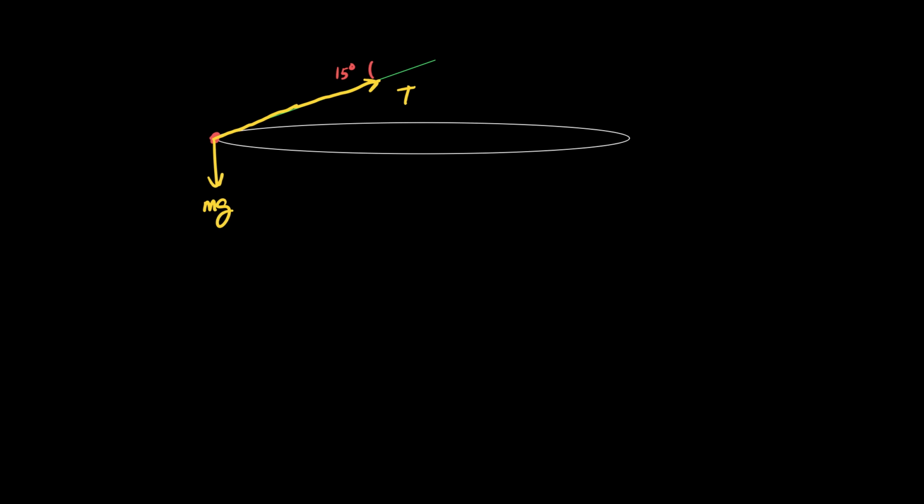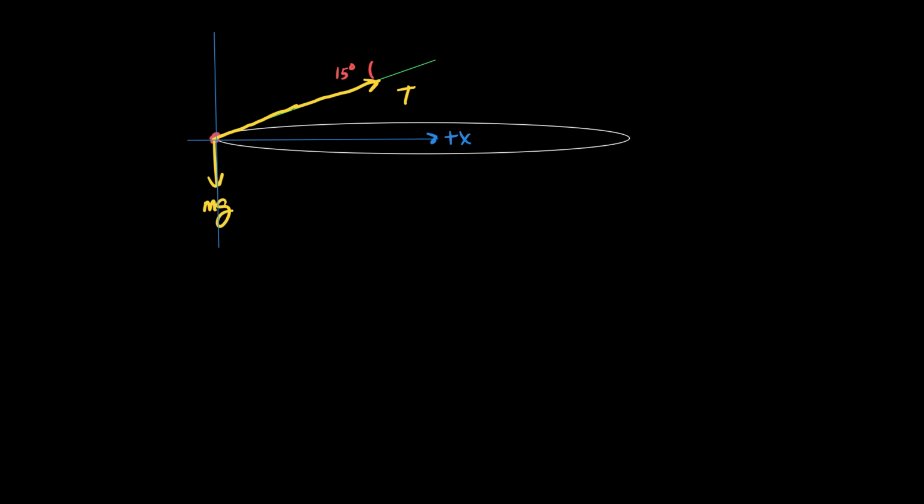Based on this, I would want a coordinate system that's aligned with the horizontal, because that is the direction of the acceleration. Meaning I need to have an acceleration towards the center of the circle. So I'm going to make that the positive x direction, and that's the y direction, so this is positive x.